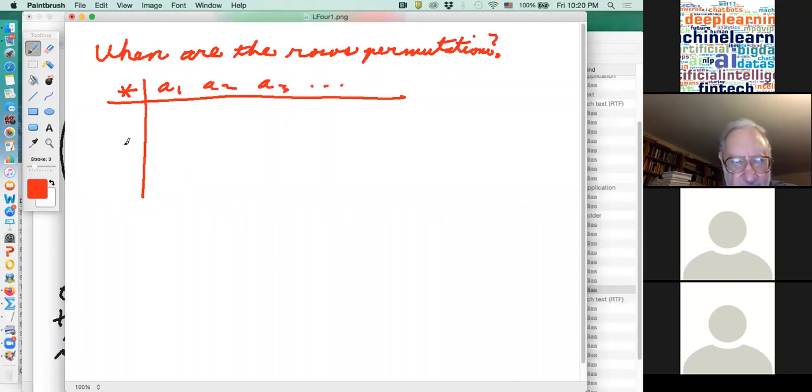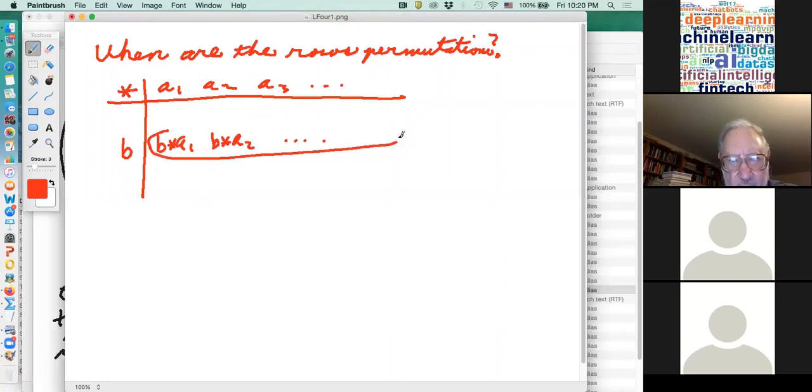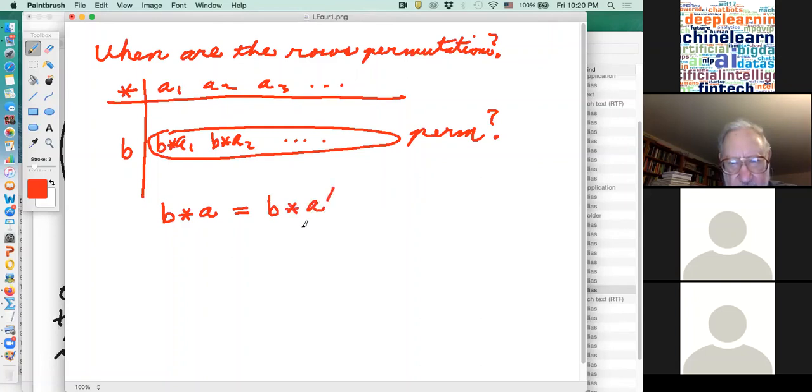And we have some element B. And here you have B times A1, and then B times A2, and so on. And we want to know, when is this a permutation? So that means we want to know what happens if B times A is equal to B times A prime. What does that imply?